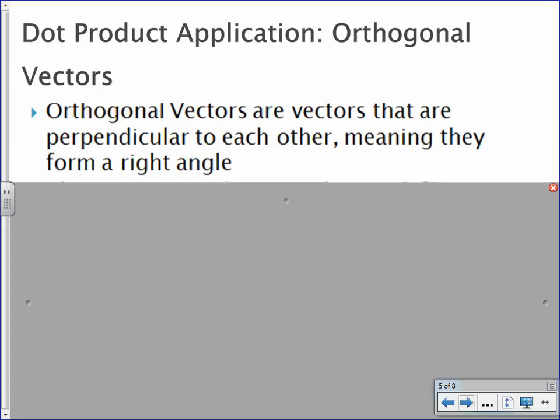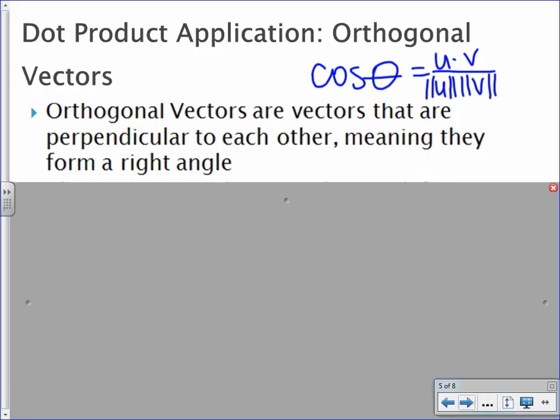Now what we need to think of, how could I use the dot products to figure out if we have orthogonal vectors? So I'll write this up here. I want you to turn to your pod and think about, first of all, what would theta need to be for orthogonal vectors? 90.